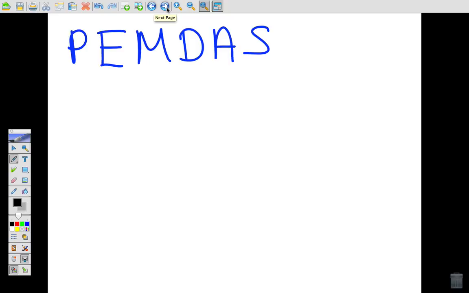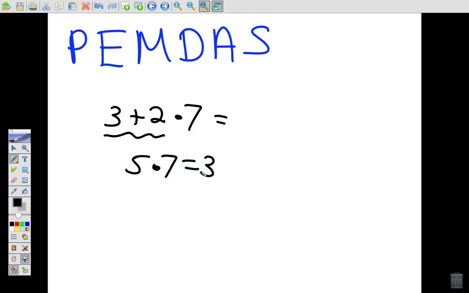order of operations. So for example, if you had 3 plus 2 times 7, we have to use the order of operations because there are different answers we could get if we don't. For example, if you added 3 plus 2 first, which is 5, and then took that times 7, you get 35.